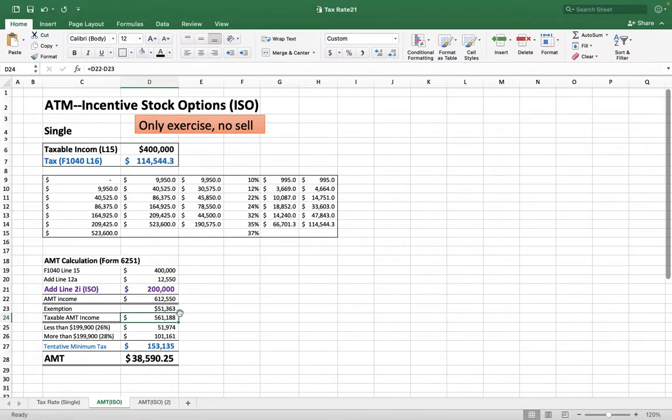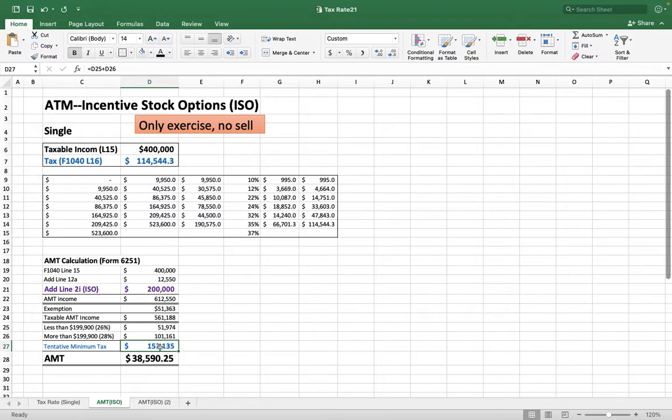To this taxable amount you apply the AMT rate. Anything up to $199,900 is taxed at 26%, and anything above is 28%. This is the amount of tax you would be subject to. You add them together, and this is called the tentative minimum tax.